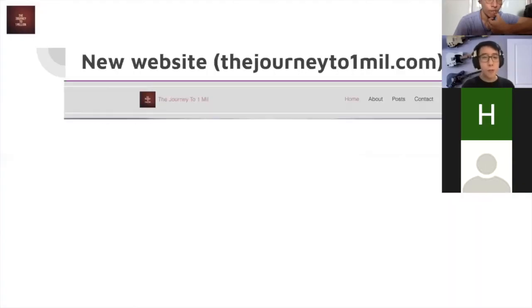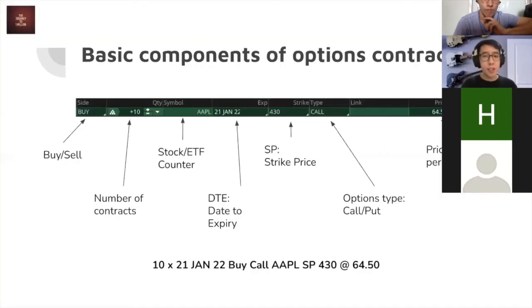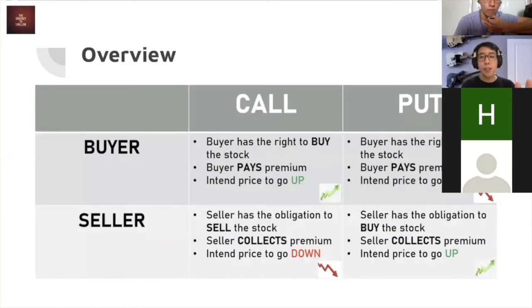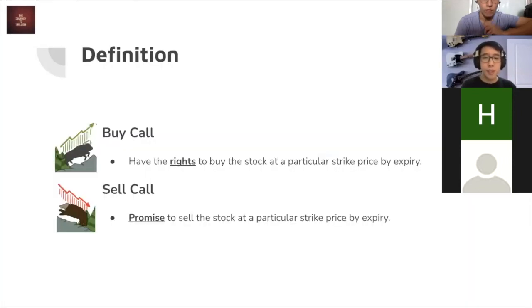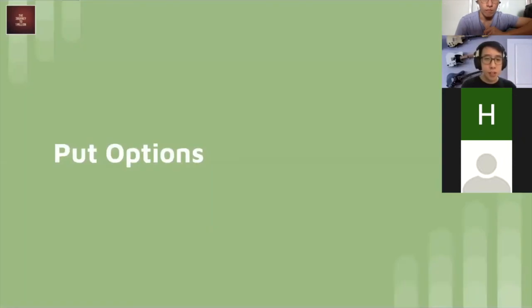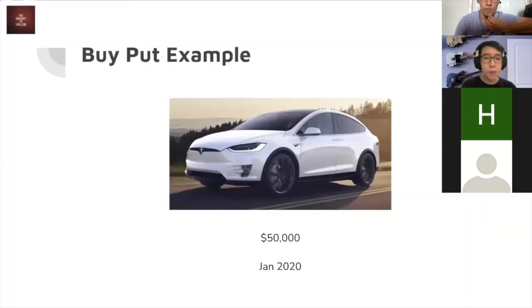To summarize, I have talked about what options are and the components of an options contract, and the difference between call options and put options, as well as how the buyer and seller have different directions. I have covered examples as well, you can read through them.